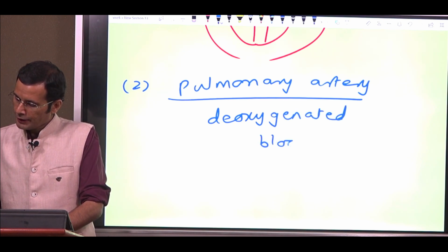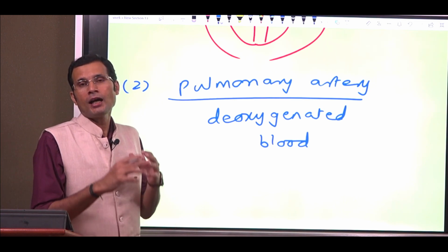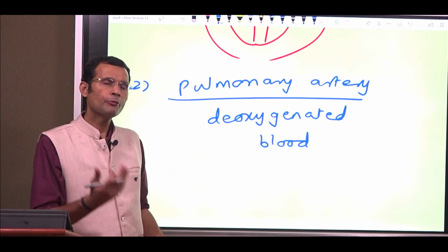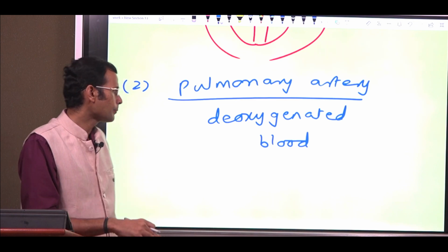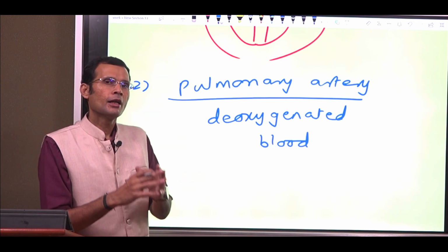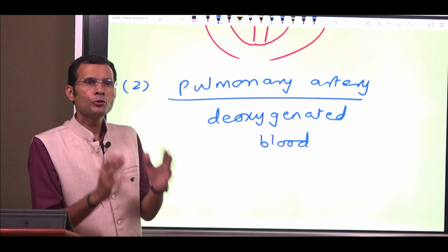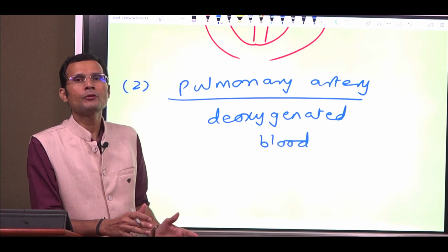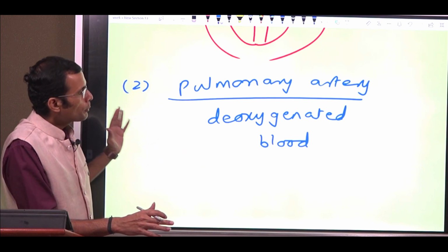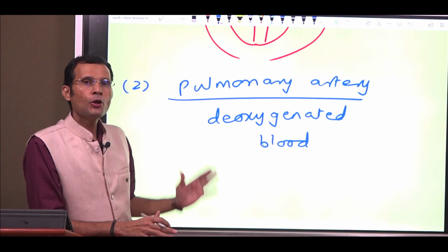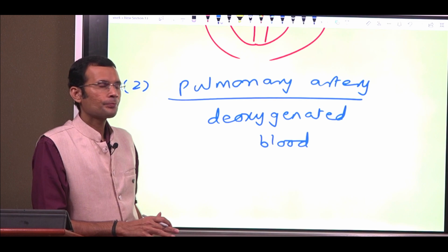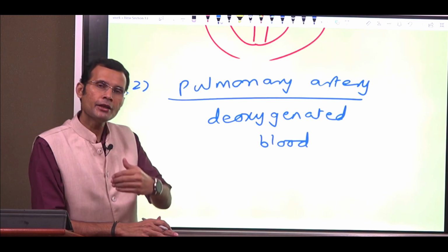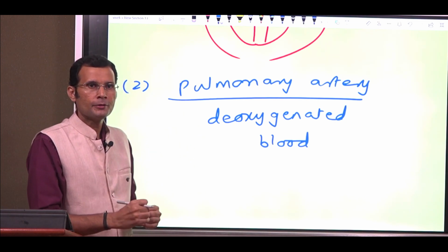Even though it's an artery, and we know that arteries carry oxygenated blood and veins carry deoxygenated blood. Here, or in the body, there are two places where there is an exception. One is the pulmonary artery and the other one is the umbilical artery. So the pulmonary artery carries deoxygenated blood into the lungs and the pulmonary vein carries the oxygenated blood.